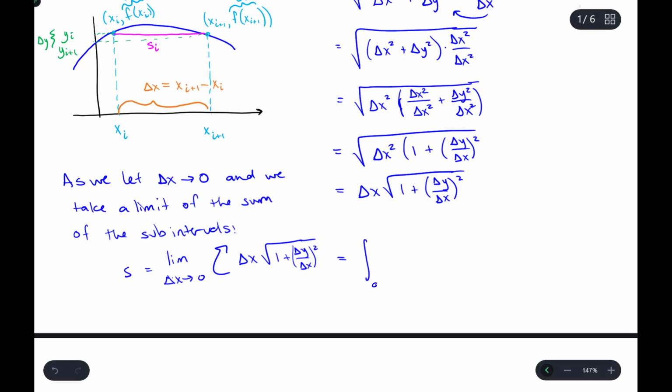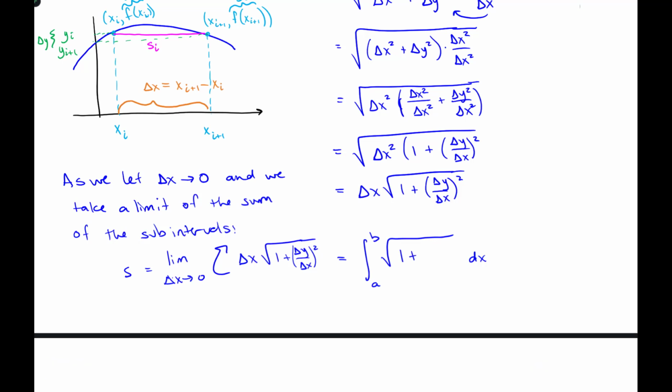So it would be an integral from a to b, and we would be integrating dx, but we would be integrating this function right here. And this function is kind of interesting too. It is a square root of 1 plus delta y over delta x quantity squared.